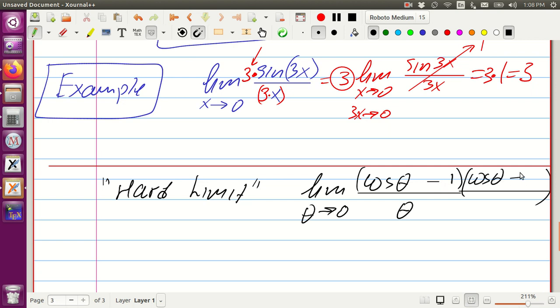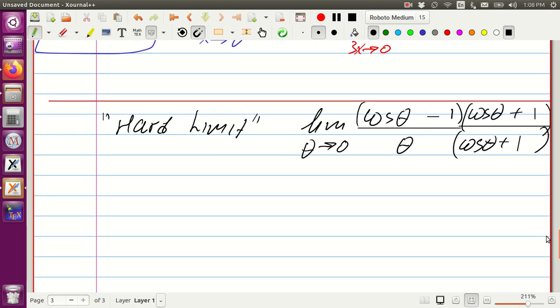So cosine of theta plus 1, and since I did it to the numerator, I'll do the same for the denominator. So I multiply the denominator by the same quantity. So what do we get in the numerator? We get the limit as theta goes to 0, so we have cosine theta minus 1 times cosine theta plus 1.